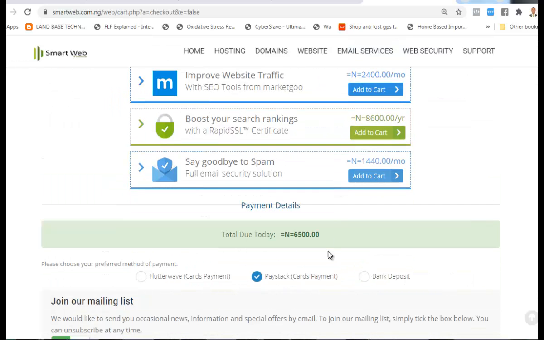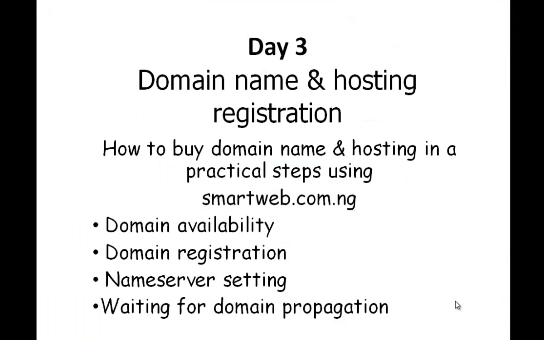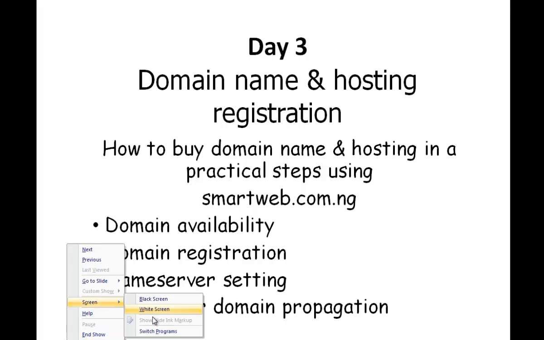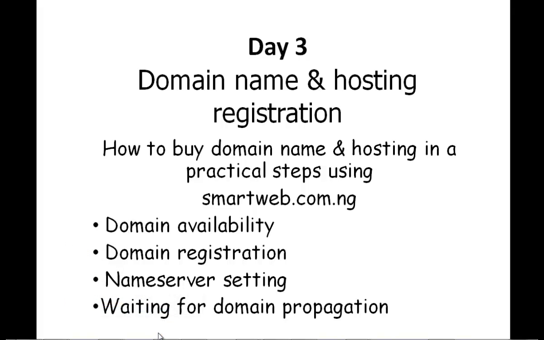In the next video, we'll be logging in to see how to access our Smart Web account. I will show you that quickly in the next short video, so that you can see how to navigate your Smart Web account.